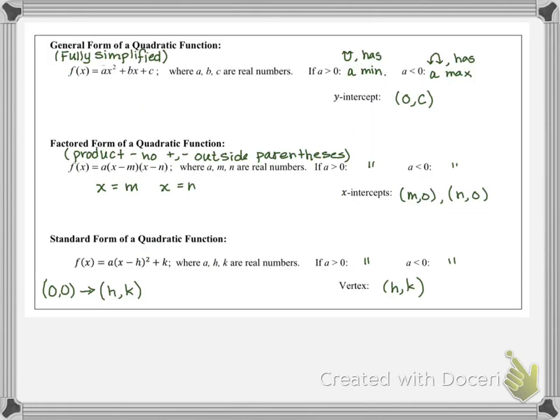And so what form of the function should I use? Yeah, we're going to use vertex form because the vertex is right there in that equation. I don't have to do any calculations. So we're going to use f(x) = a(x - h)^2 + k.